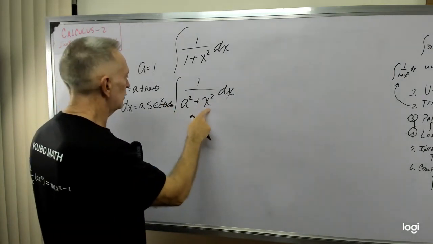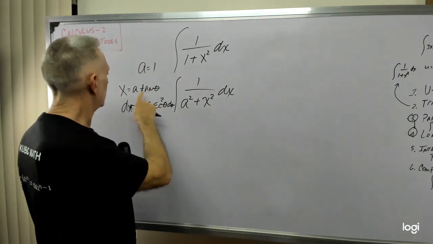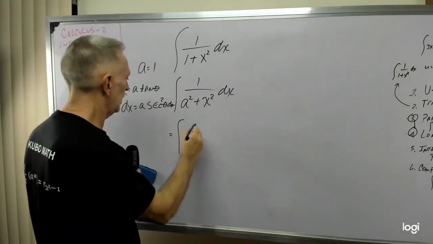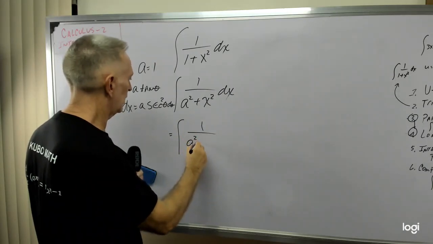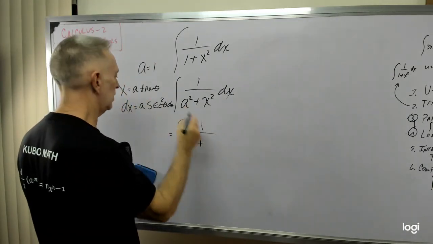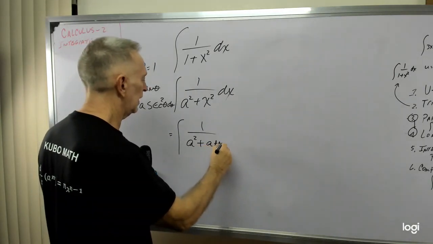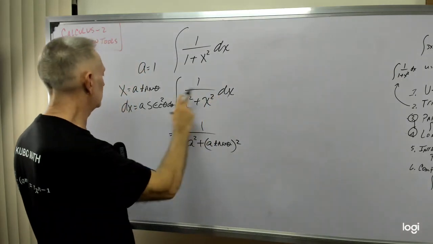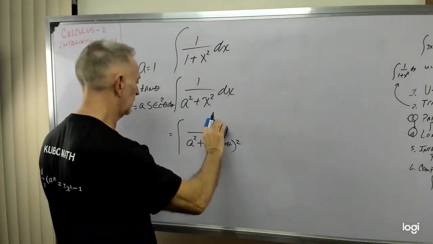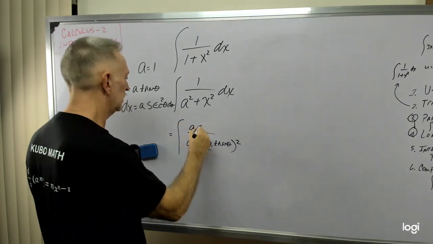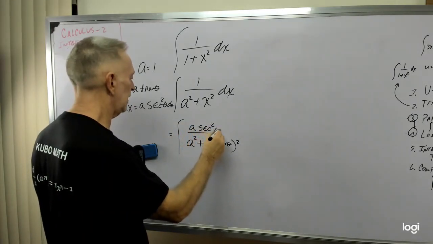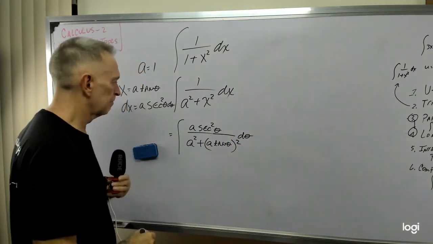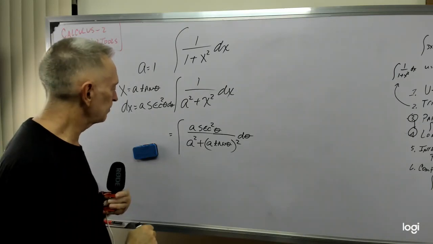I can replace x with a trig function. So now 1 over a squared plus x squared, and x was a tangent theta squared, but I have dx, and that equals a secant squared theta d theta, so I'm integrating with respect to theta.